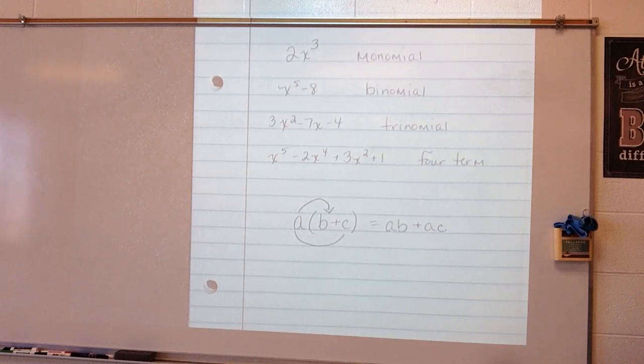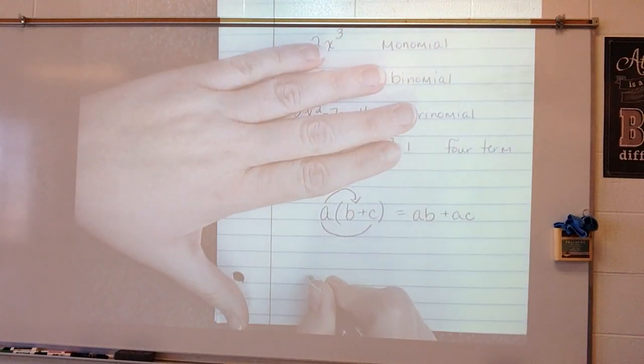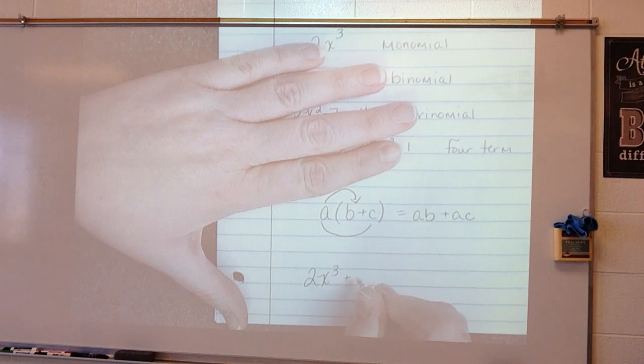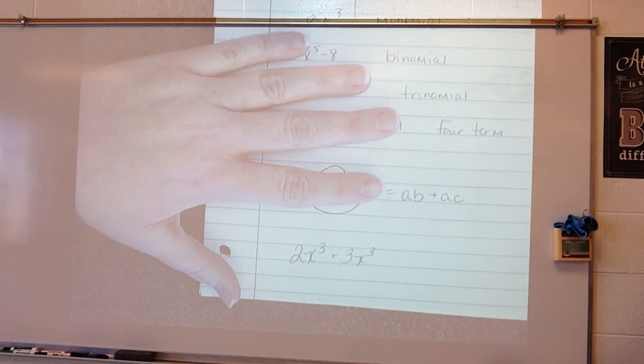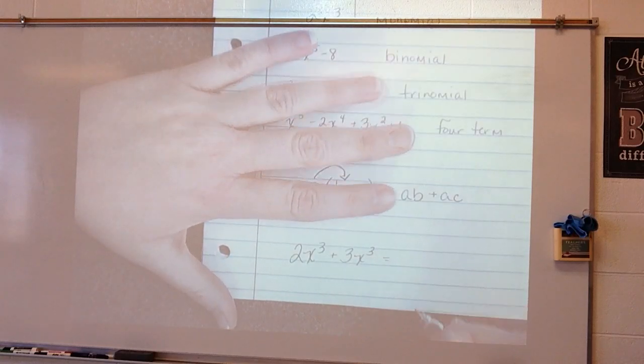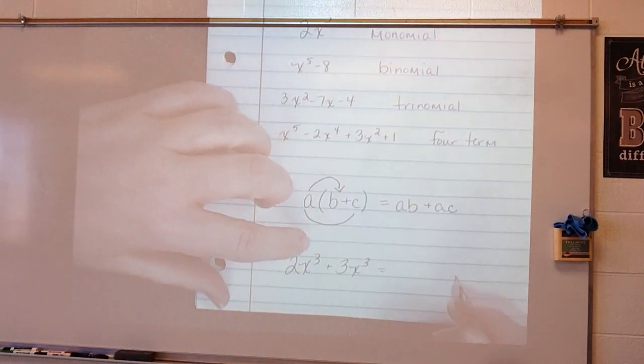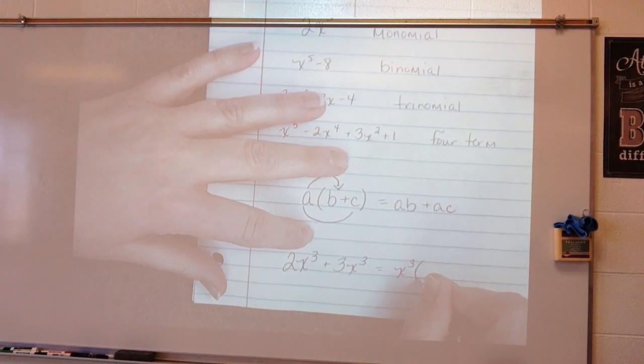In addition and subtraction of polynomials, this involves combining like terms. So this is like an application of the distributive property. For example, let's say I want to add 2x cubed and 3x cubed. The reason this is like the distributive property is because I could rewrite this like this.